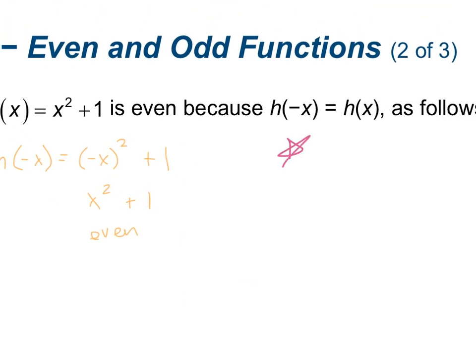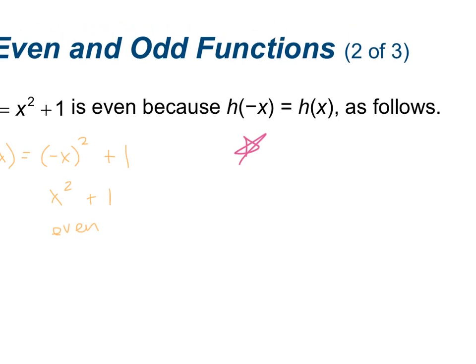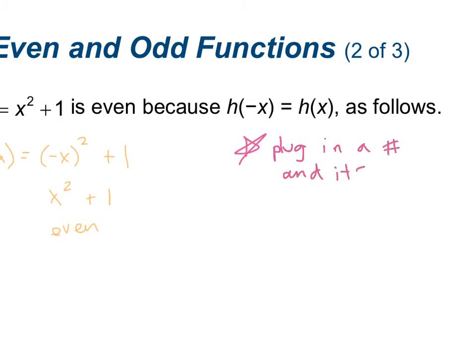Another way we can test for even and odd functions is if we plug in a number and its opposite. If we get the same answer, then it's an even function.